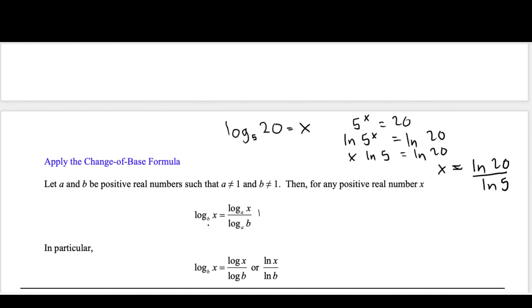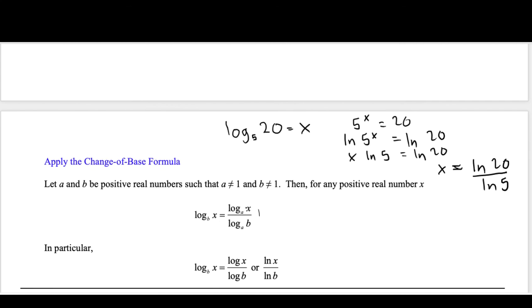Okay, so I can take any logarithm and rewrite it in terms of a logarithm of a different base, right? For the new base, I take the logarithm of the argument of the original logarithm, and I divide that by the logarithm of the base of the original logarithm.